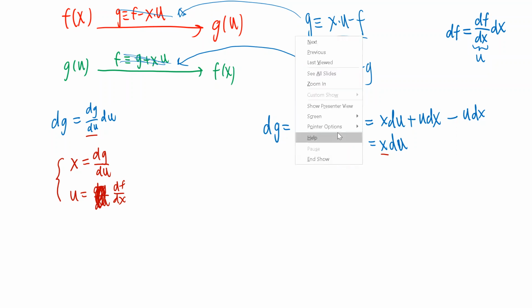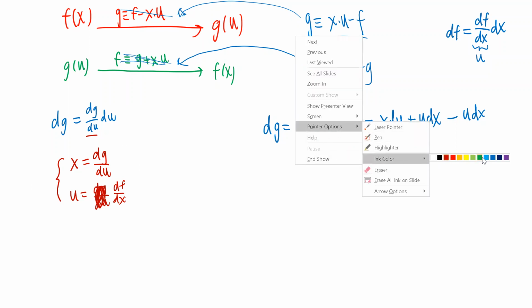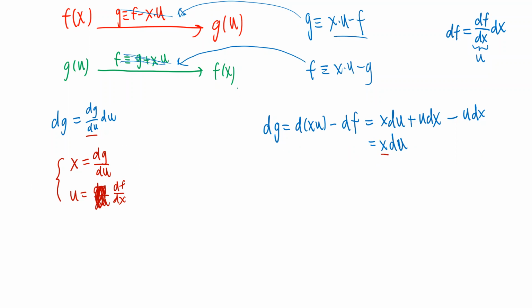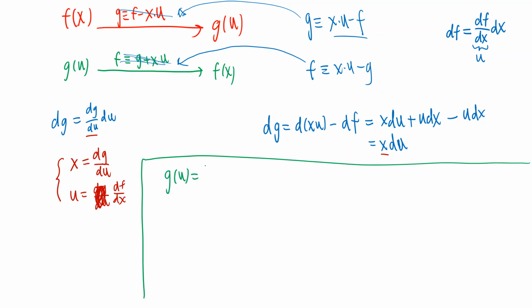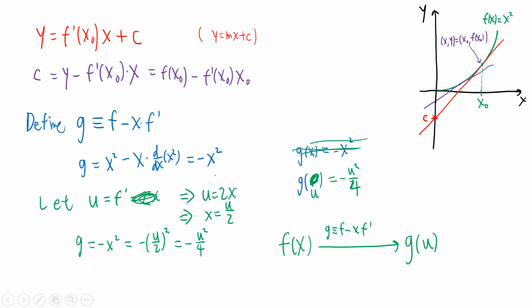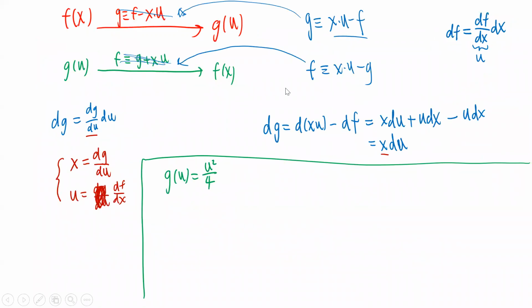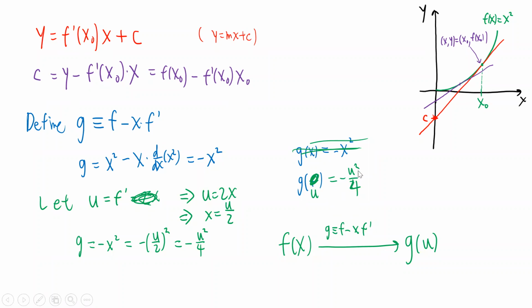Now let's go back to the previous example. I'm doing things the other way around. I'm going to tell you g of u is equal to u squared divided by 4. I don't have the minus sign anymore because, as I said, here I changed the convention. If you use this convention instead of the previous one, g of u is u squared divided by 4, not minus u squared divided by 4.